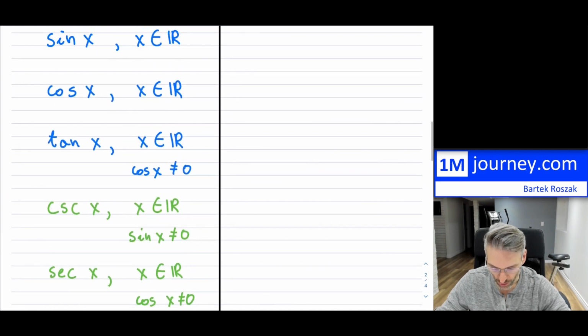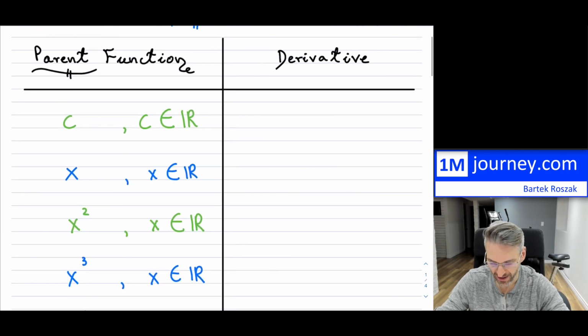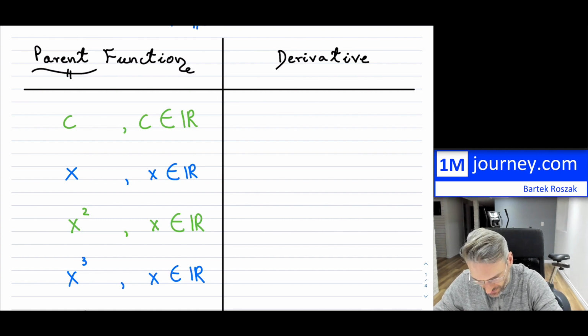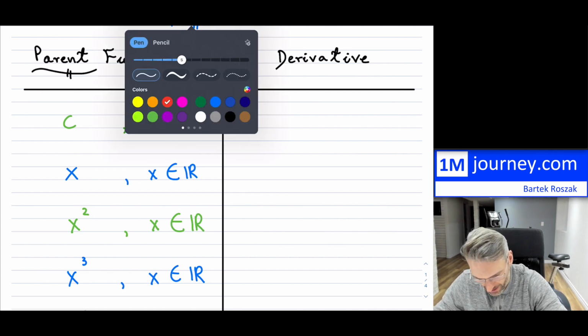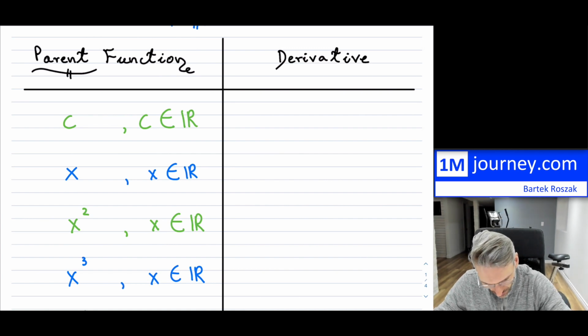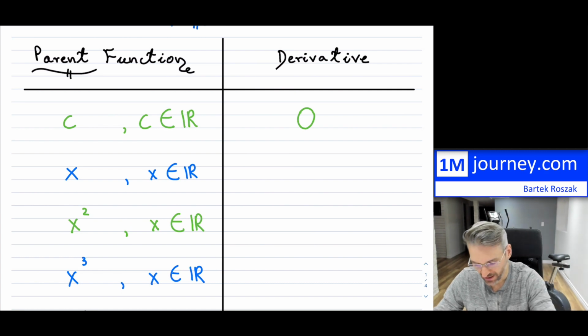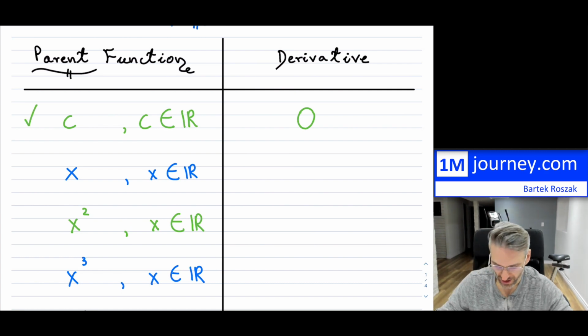So let me go back and let's do a deja vu. Let's take a step back. All of these derivatives, I'll go one by one. For the constant, the derivative for all x is basically nothing but 0 because our function is just a flat line. So that is the derivative of any constant that you have.